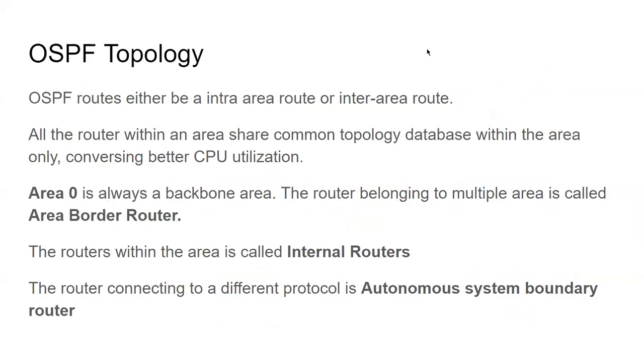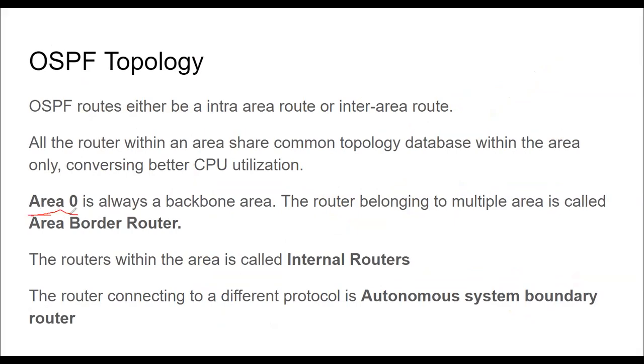So let's talk about OSPF topology. We know why we use the area concept in OSPF: because we can use unlimited routers, your CPU utilization will become very high because of the number of route processes in each router. That's why, to minimize CPU utilization, we make areas by grouping the routers.